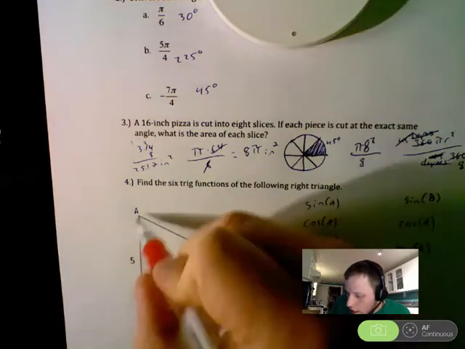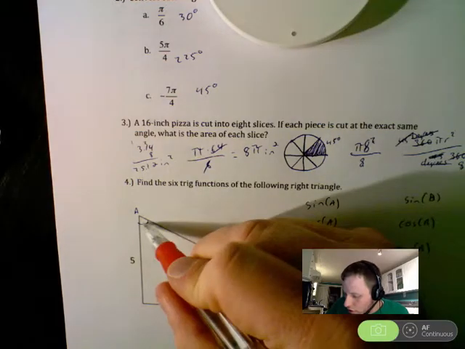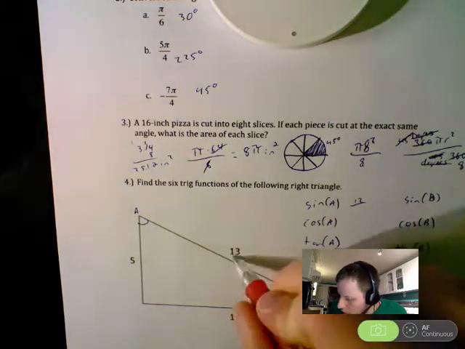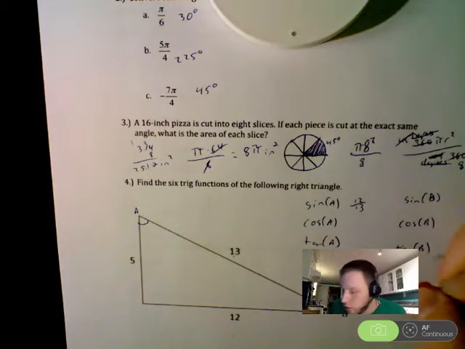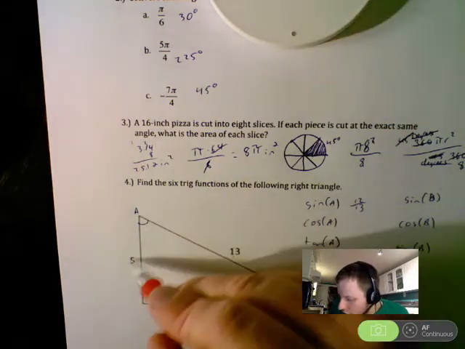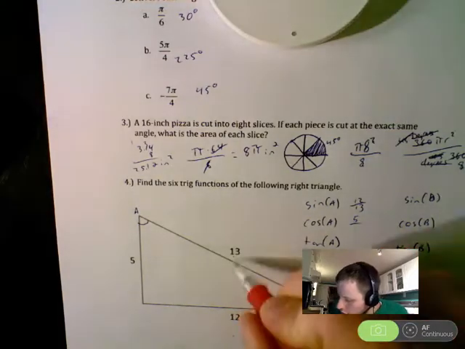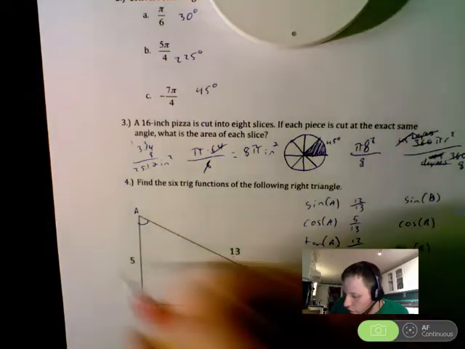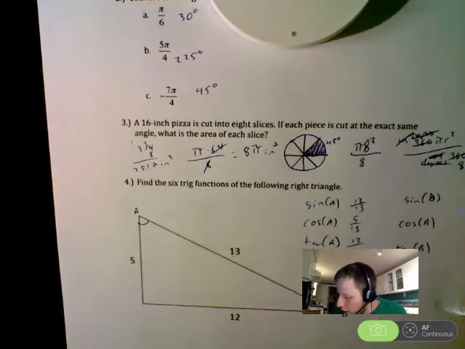Now, sine A is this angle here, and sine is opposite, which is 12, over hypotenuse, which is 13. That's all you do. Cosine of A, adjacent, 5, over hypotenuse, 13. Tangent is opposite, 12, over adjacent, which is 5.